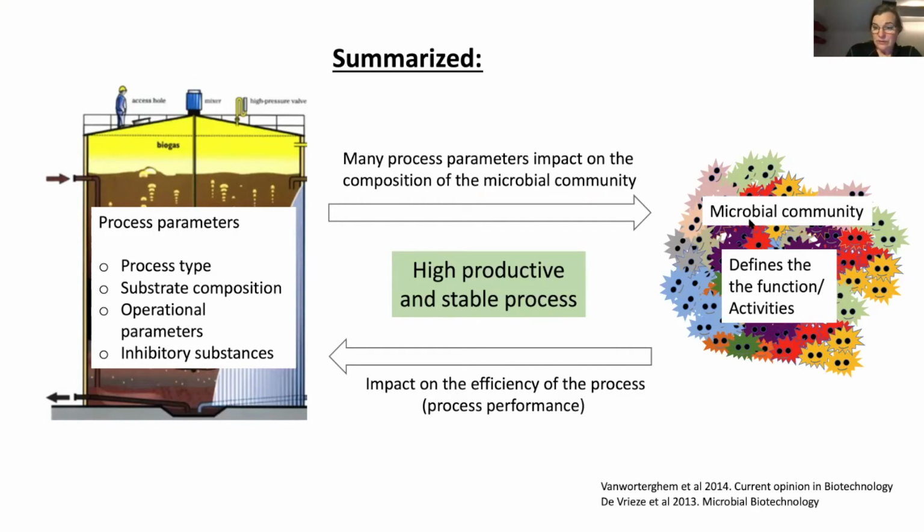This microbial community composition defines the function and the activities you have. And those, of course, impact the efficiency of the whole process. You have to get this in balance to get a highly productive and stable process at the end.